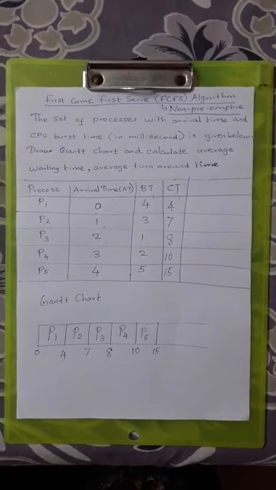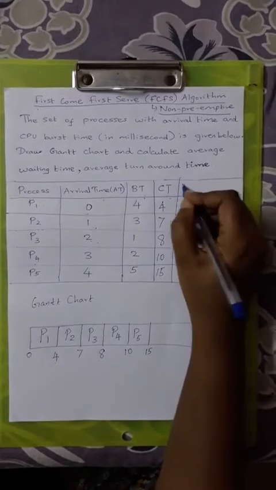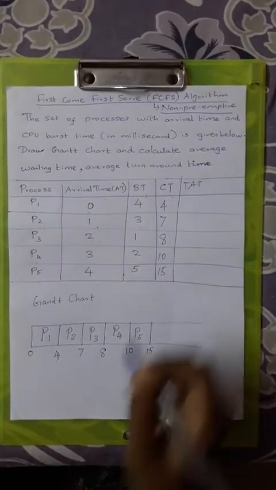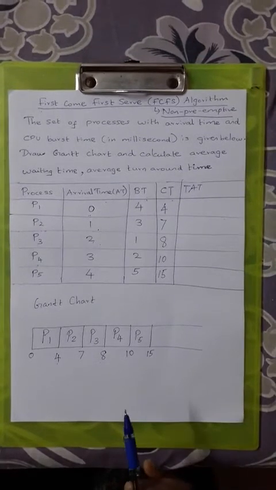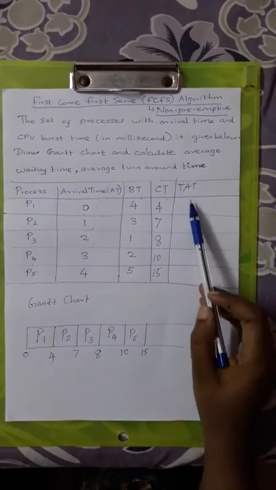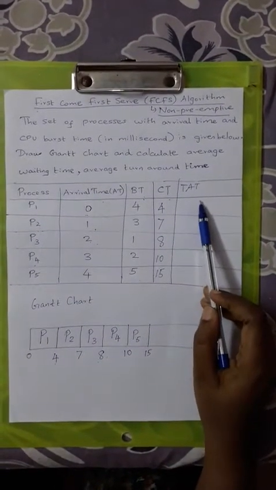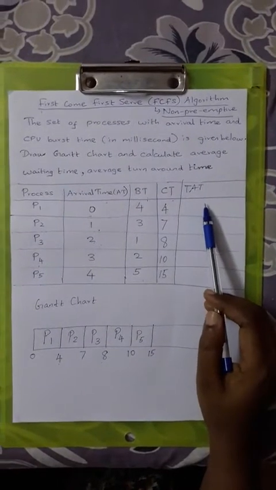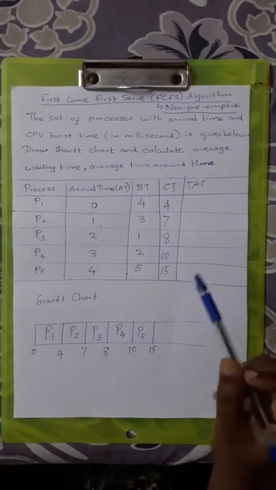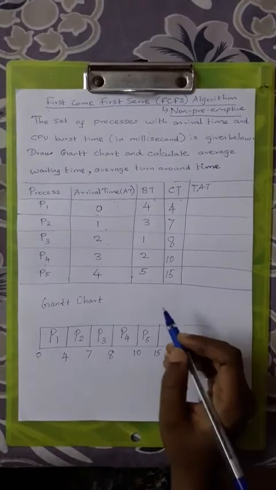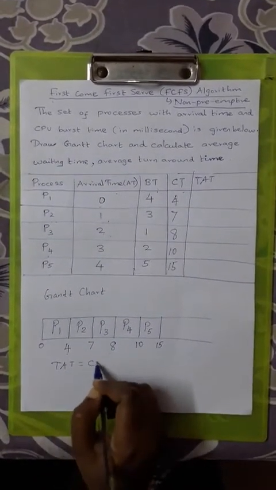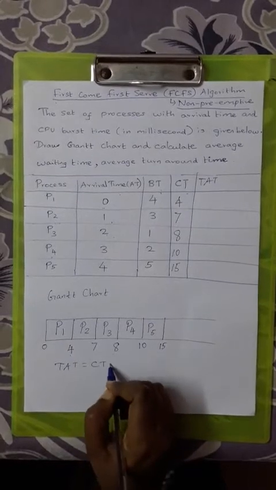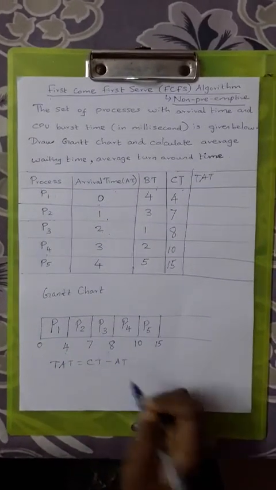Next, we are going to calculate turnaround time. So what do you mean by turnaround time? Turnaround time is the time between the process arriving the system till the process gets completed. Okay? Can also be calculated by using the formula turnaround time is equal to CT, that is completion time minus arrival time.